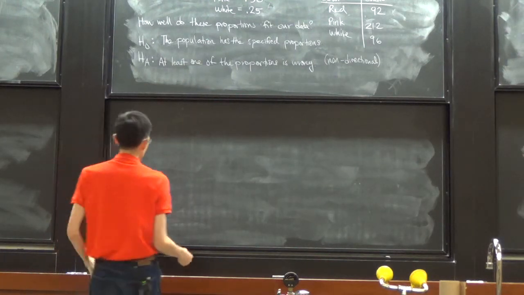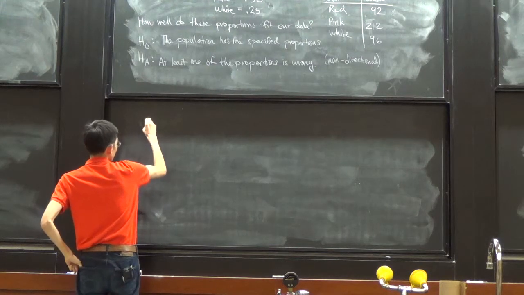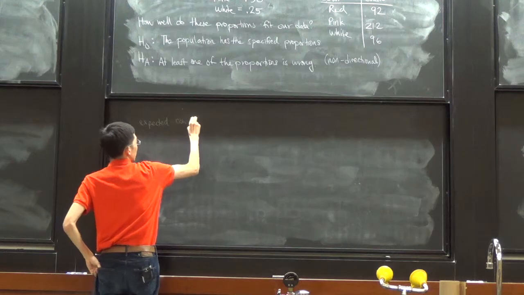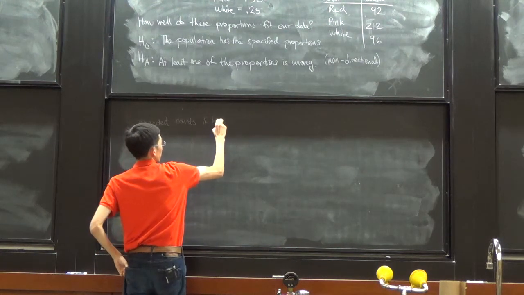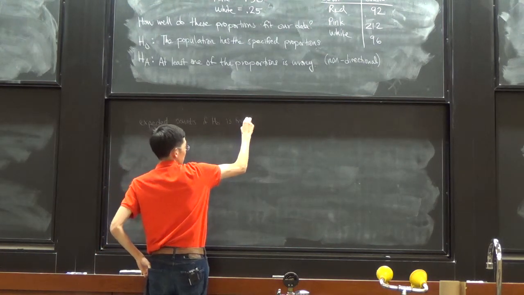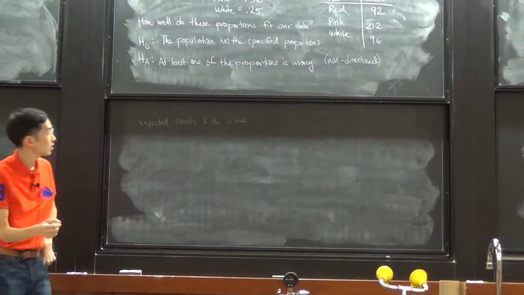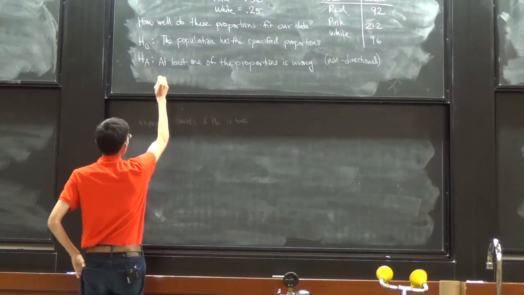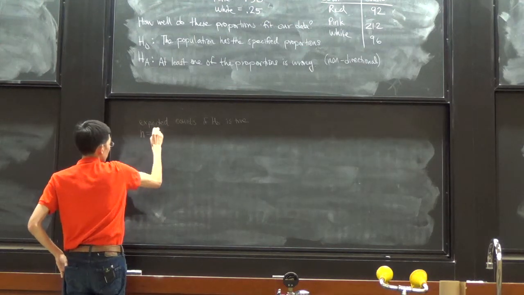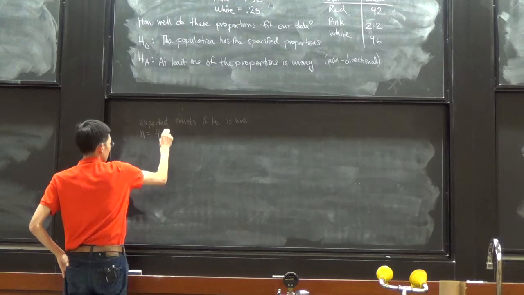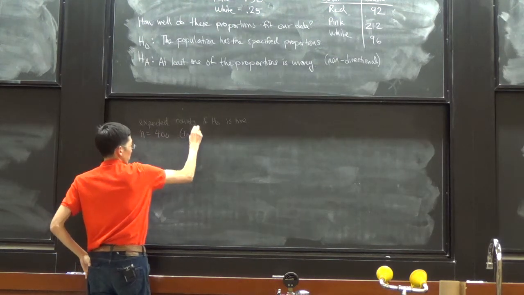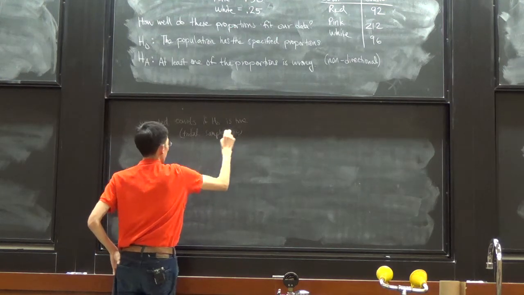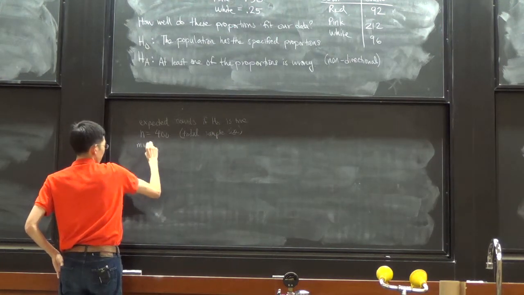So we have to create expected counts, expected counts if the null hypothesis is true. Essentially all I'm going to do is take my total sample size, 400, and multiply it by my proportions. N is 400, total sample size. Multiply N by our proportions.